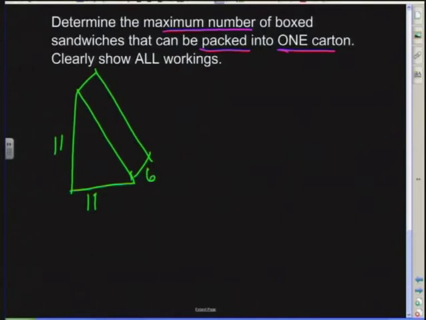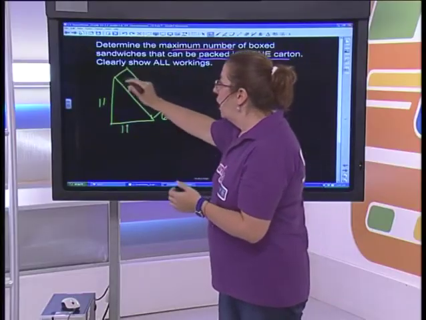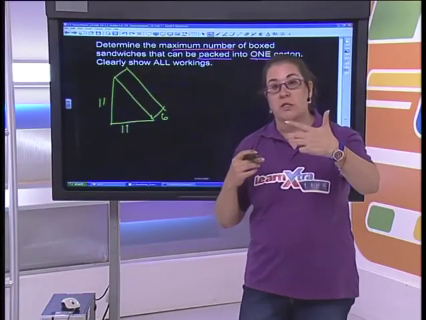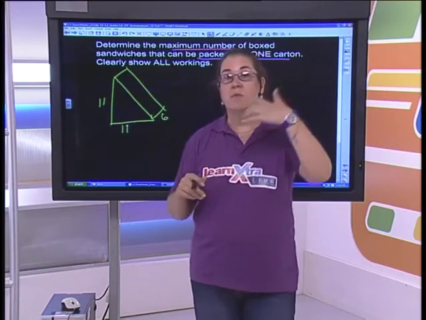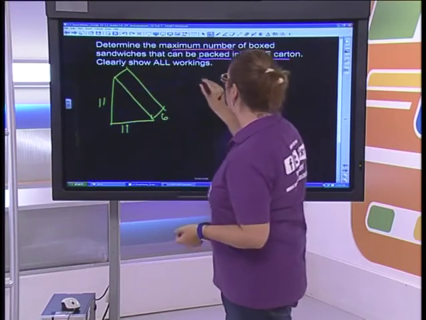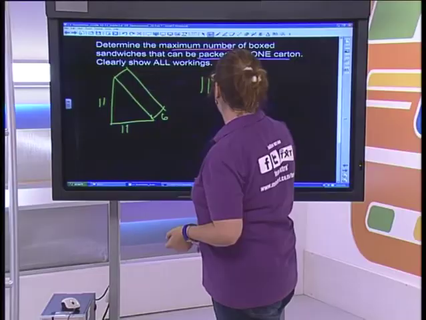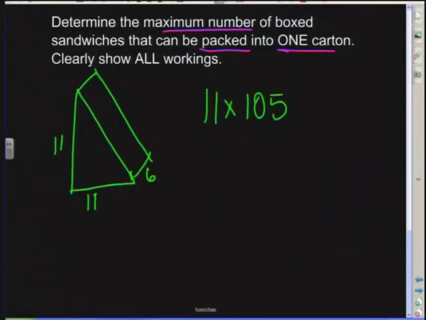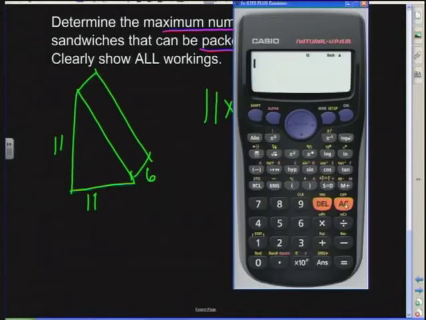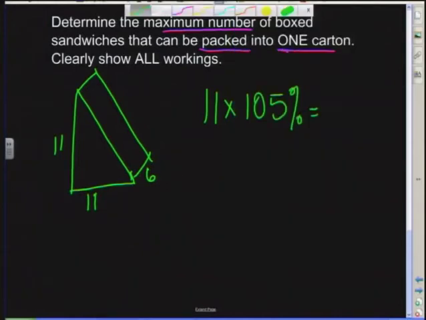I've just converted it for you. I need to now work out the box, and each one of these needs to be 5% more. So I'm going to take my 11 and times by 105%. So 11 times 105%, and I get 11.55 centimeters.